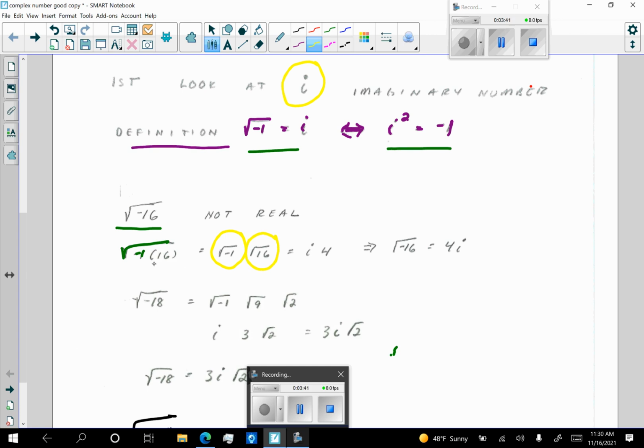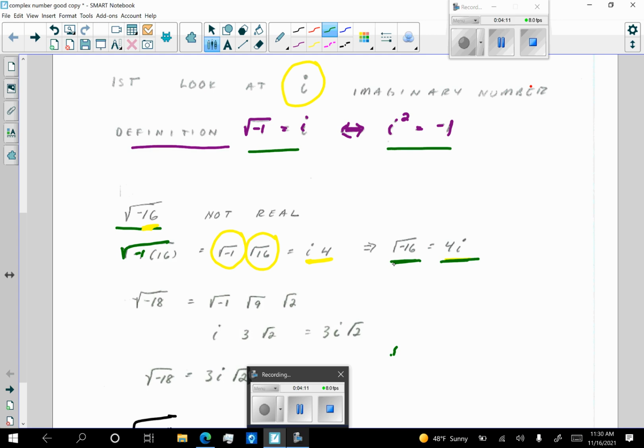Because 16 times -1 is -16. And what's the square root of -1? The square root of -1 is i. The square root of 16 is 4, and we knew that for a long time. So that tells me that the square root of -16 is 4i. It's an imaginary number. This 4i is the simplified version, if you will, of the square root of -16.